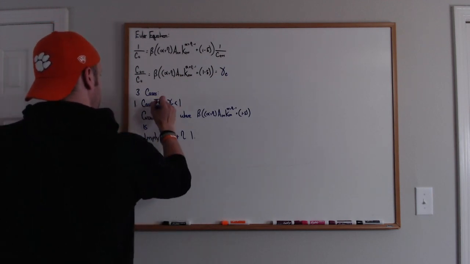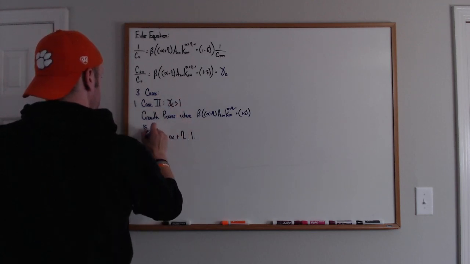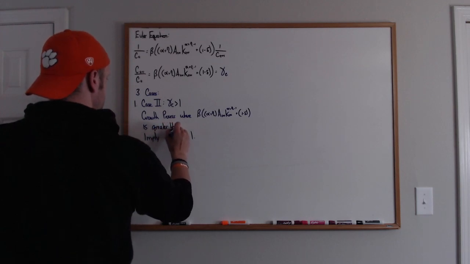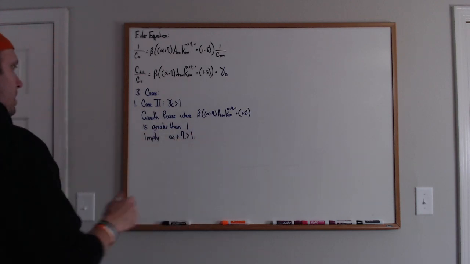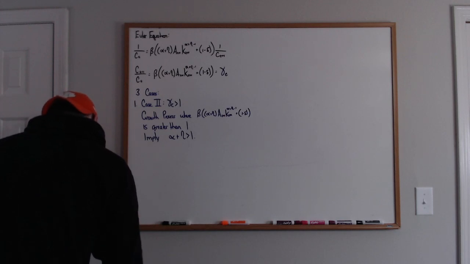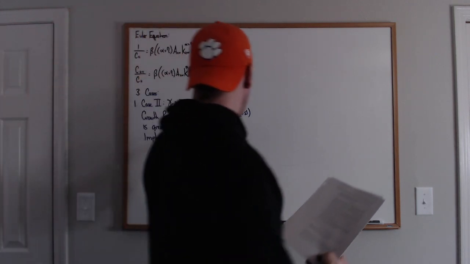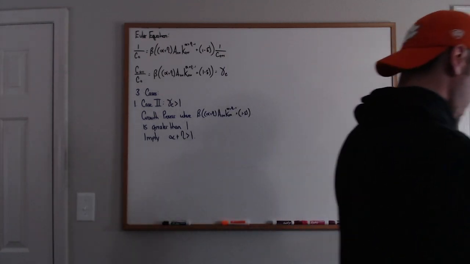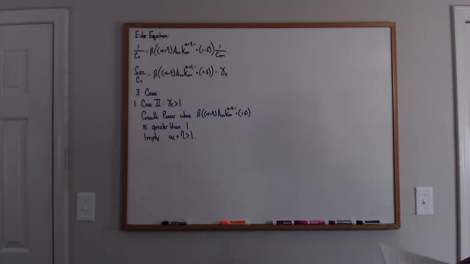So now we have case 2. Now this thing is greater than 1. Here what we get is a growth process where beta times the marginal product of capital is greater than 1, which implies alpha plus eta is larger than 1.